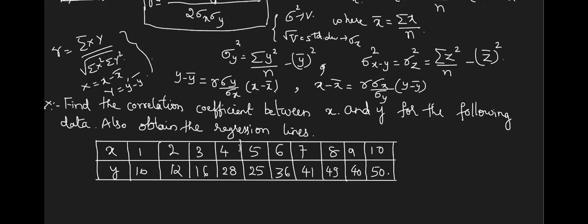This is a table containing x and y values. X values are from 1, 2, 3, 4 till 10 and write the corresponding y values properly. You can expect such a question in your question paper. Y is 10, 12, 16, 28, 25, 36, 41, 49, 40 and 50.